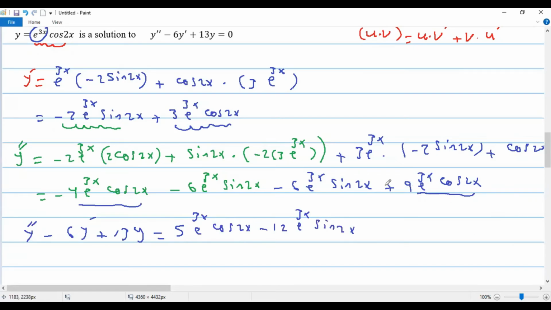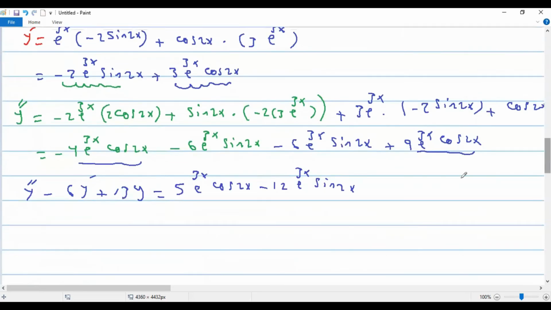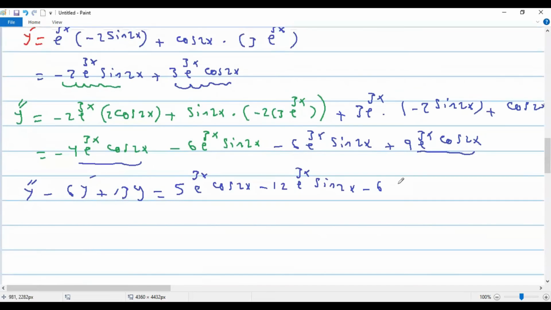Okay, then this is the y double prime. What about y prime? This is the y prime, minus 2e^(3x) sine 2x, and plus 3e^(3x) cosine 2x, multiplied by minus 6.